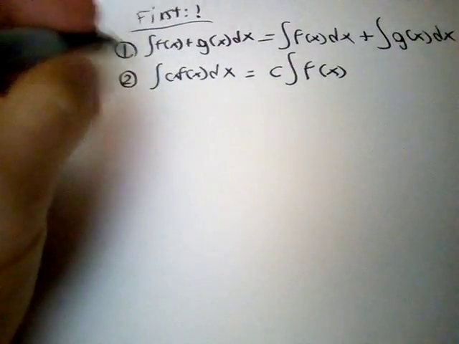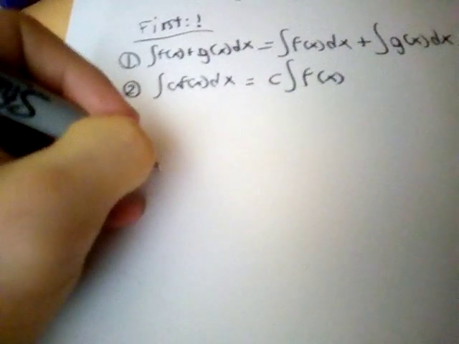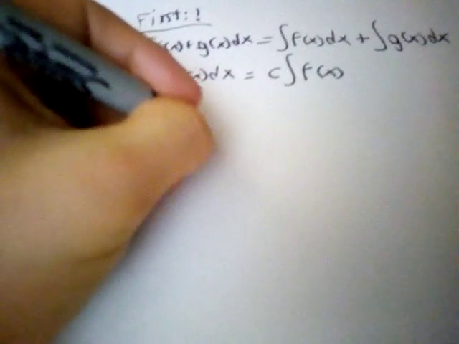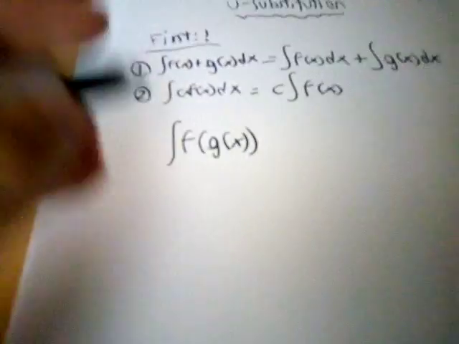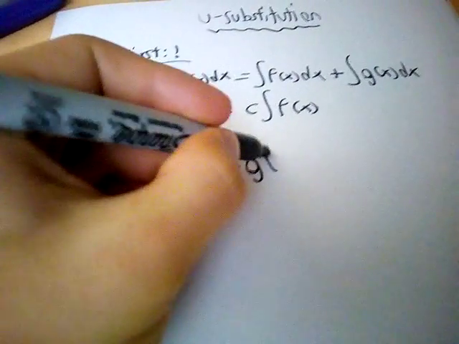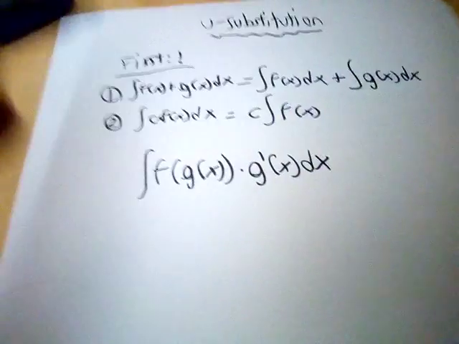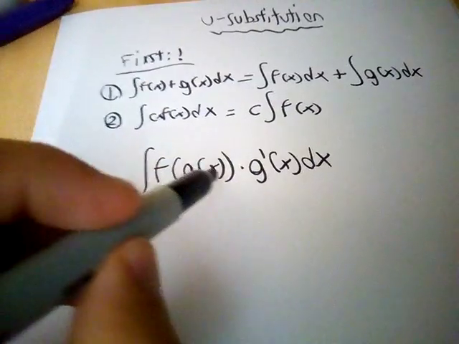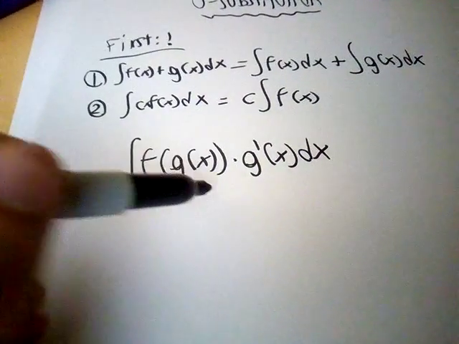Okay, so basically, if we have an integral in the form f of g of x multiplied by g dash of x dx, we can use u-substitution, right? So it should look like this form. Now, it's not always going to look exactly like a composite function.